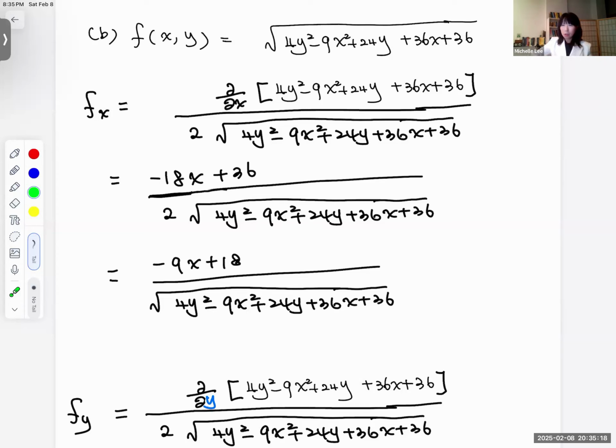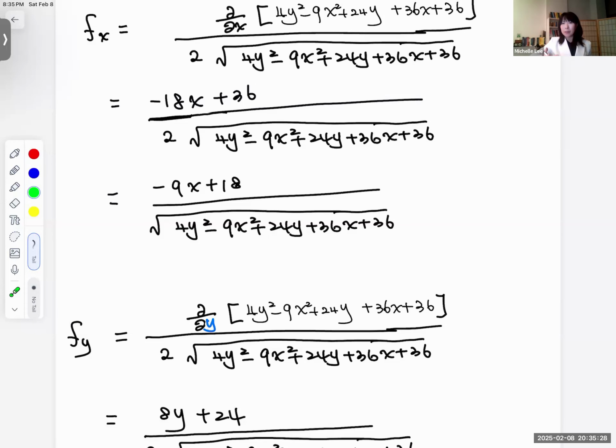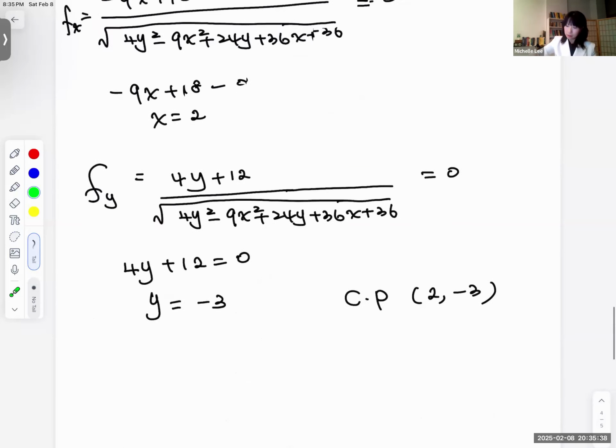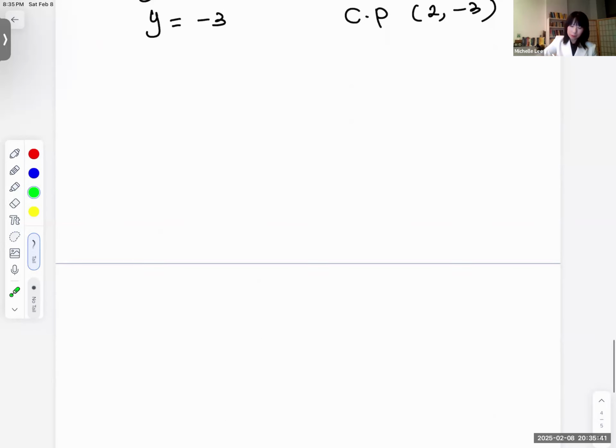Same as here. So what we do, we need to find where the partial derivative with respect to x and the partial derivative with respect to y do not exist. So we need to find the another critical point. Yes? Let me use another page. So note, finding another critical point.